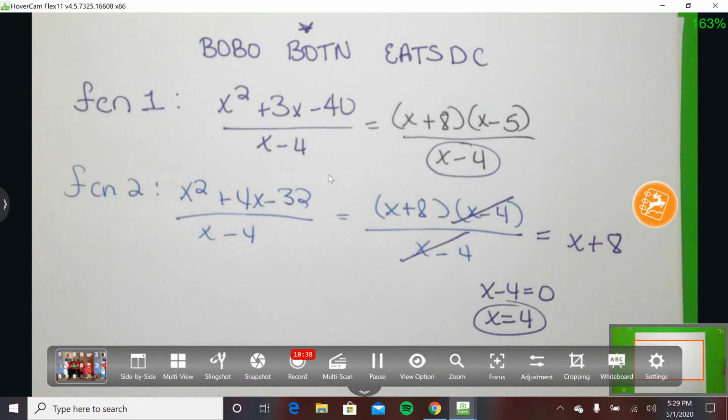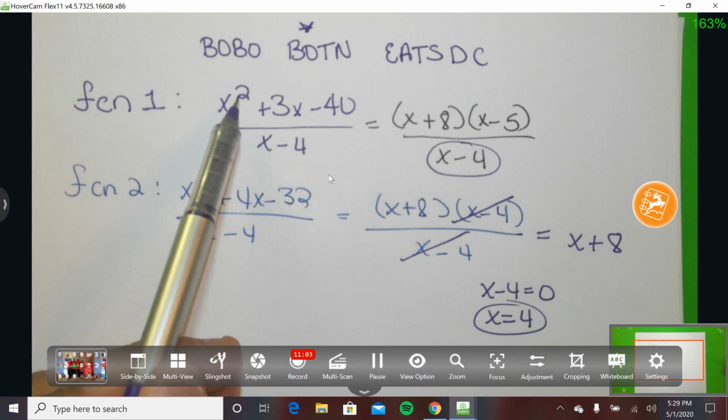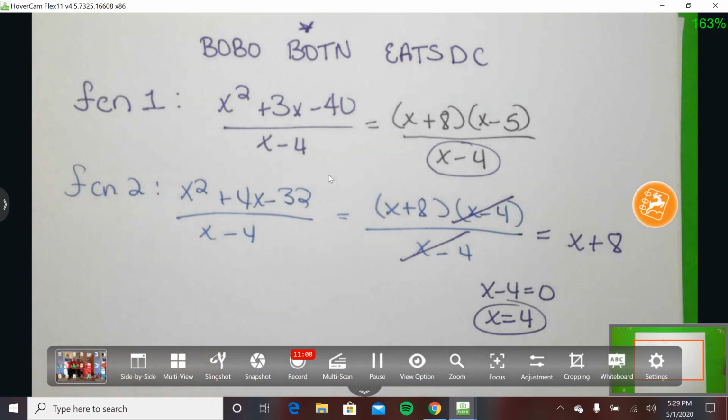So if you notice here for function 2, we were just left with an x plus 8. That's just a linear function. So function 2 does not have an asymptote. Now, function 1, look at it. The highest exponent is bigger on the bottom or on the top?